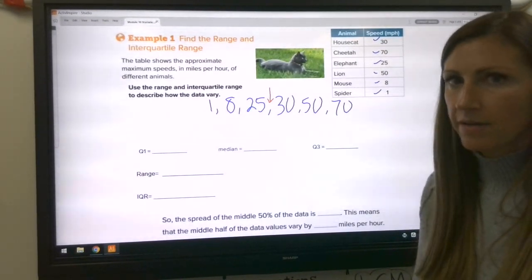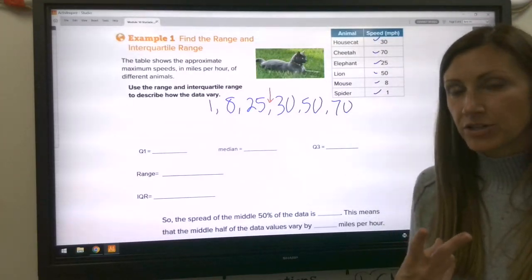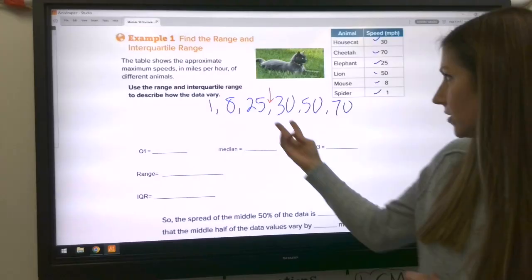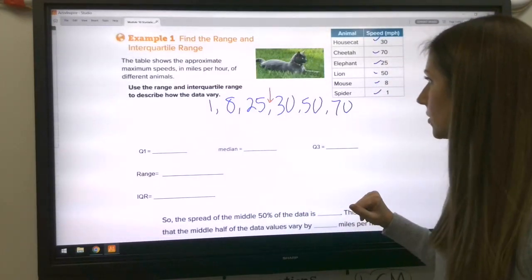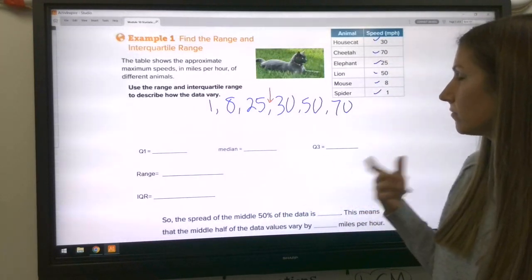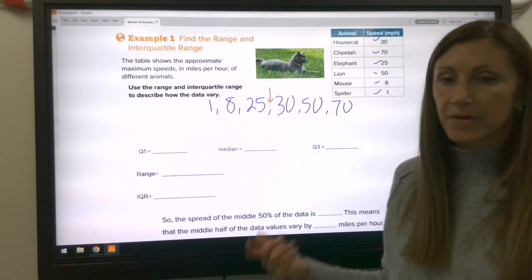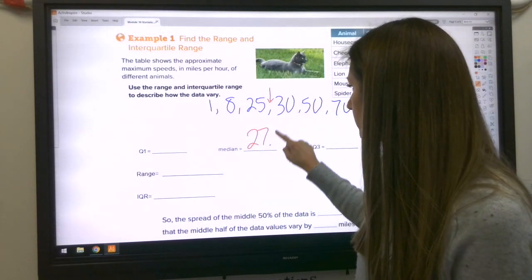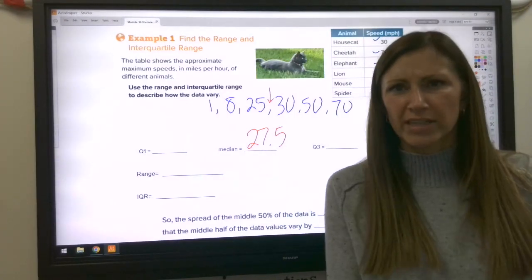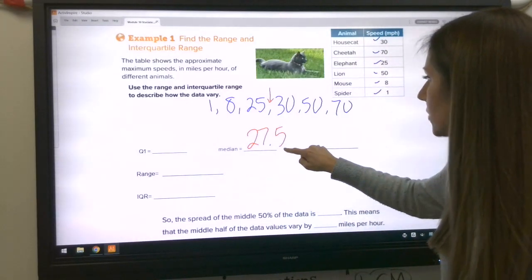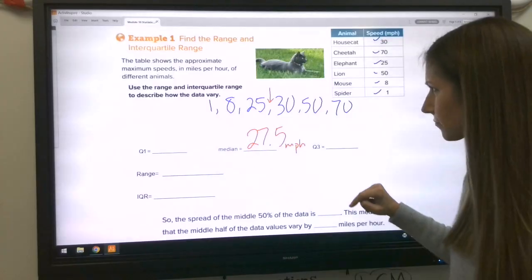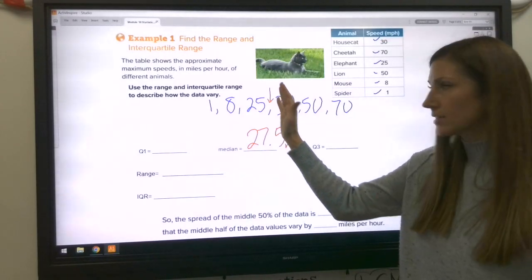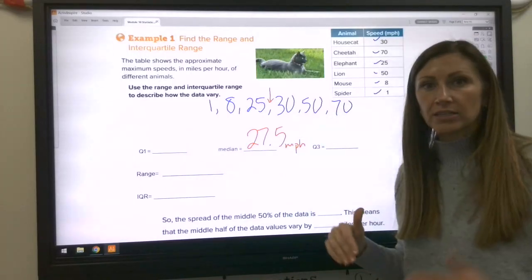So anytime we have 2 in the middle, you can add them together and divide by 2. That's finding the mean of the 2 middle. So if you add those together, you get 55. 55 divided by 2, we don't get an even number. 27.5. Of course, a half is fine too, right? And we're talking about miles per hour here. So that's our median.